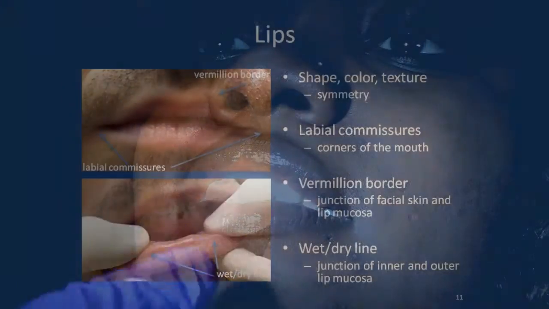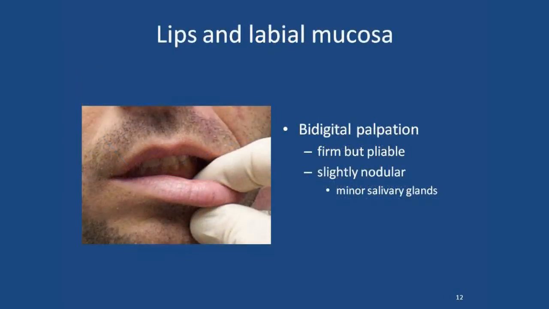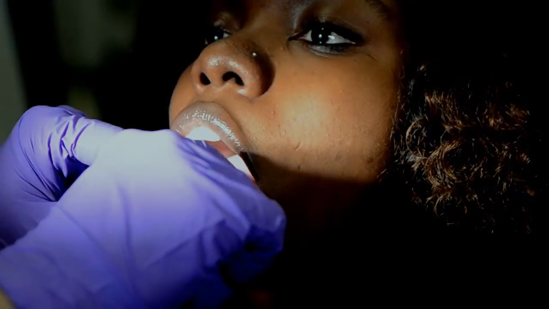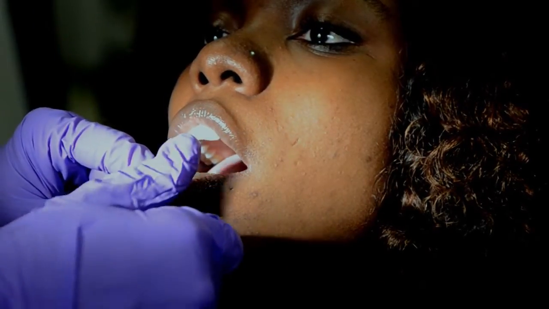Okay, and then we'll start going inside the lip, so open a little bit for me. And we'll want to use the technique of bidigital palpation by squeezing the tissue gently between our two fingers. And here in the lower lip we should feel some slight nodularity. It's just minor salivary glands, and that's normal, but we would want to take note of any that are tender to the patient or seem to be larger, stand out more than the others.